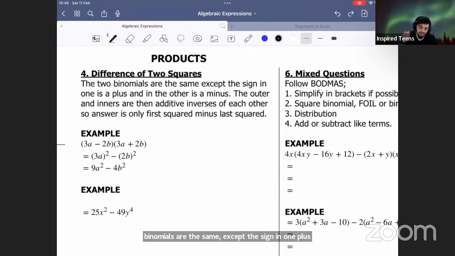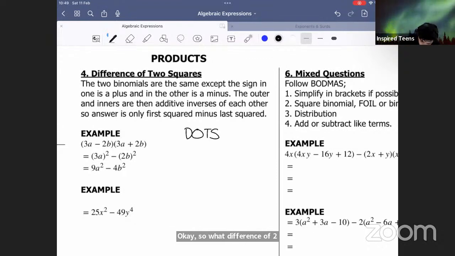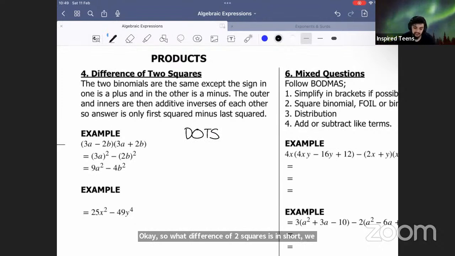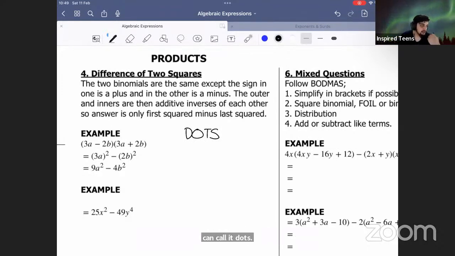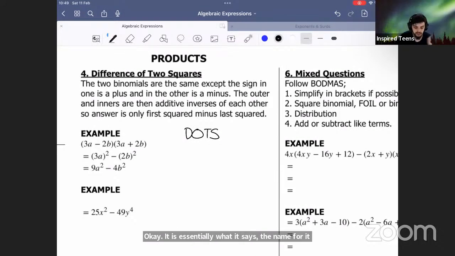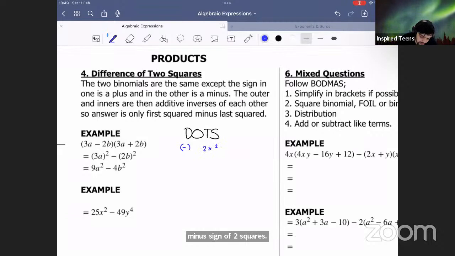What the difference of 2 squares is, in short, we can call it DOTS. It is essentially what it says. The name for it describes exactly what it is. The difference, which is a minus sign, of 2 squares. You have 2 squares. So I'll give you an example of what one looks like in a second.